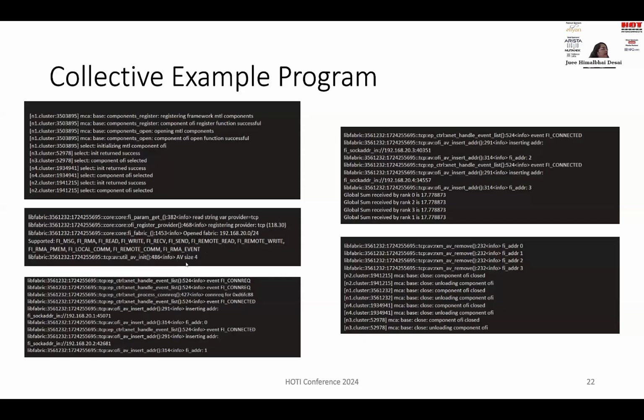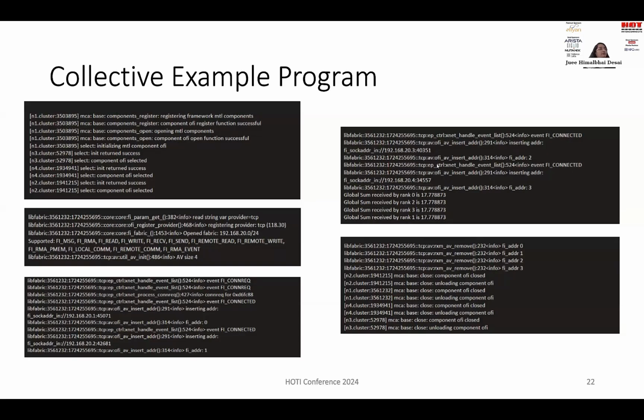So this time the address vector size is 4, because we wanted 4 processes. And here we can see that we get an FI connected event for each of the nodes or each of the processes, and the address is getting registered into the address vector for each of them. So 20.1, 20.2 here, and on this side there is 20.3 and 20.4.